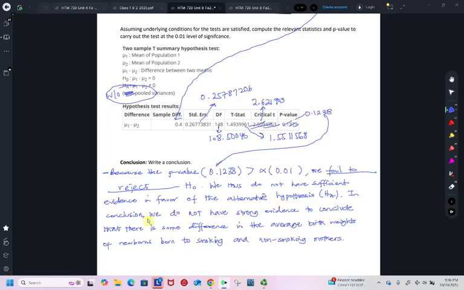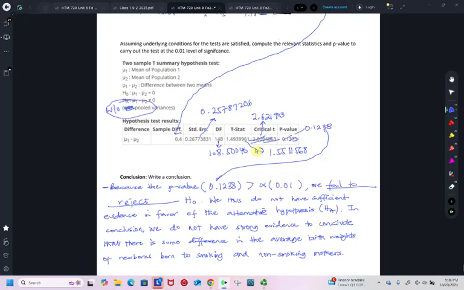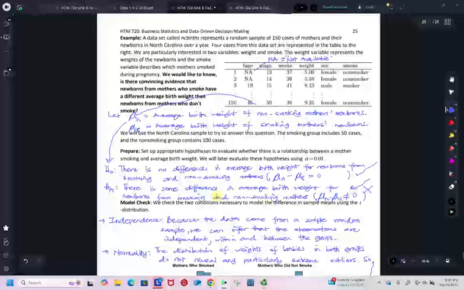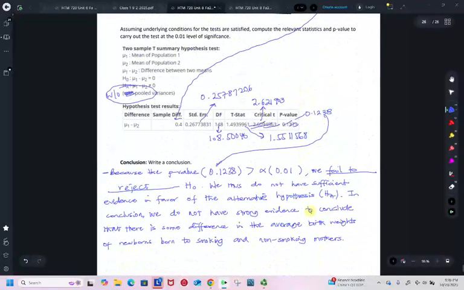And then in conclusion, we do not have strong enough evidence in the sample data to conclude the alternative, that is, that there is a difference in average birth weight for newborns from smoking and non-smoking mothers. So with that, we come to the conclusion of that unit.